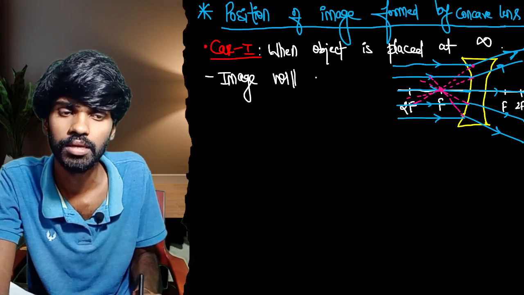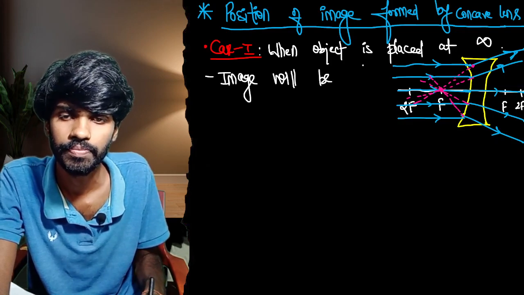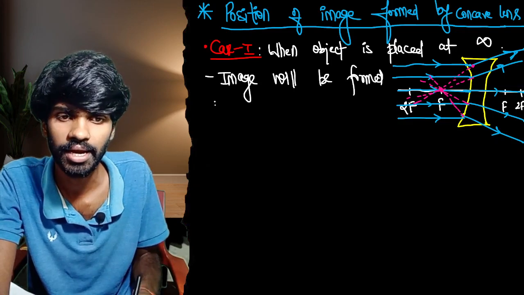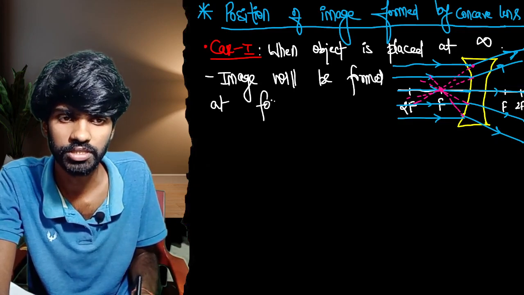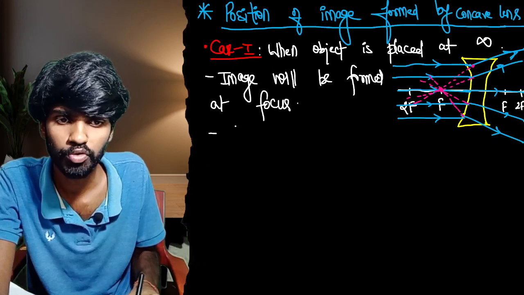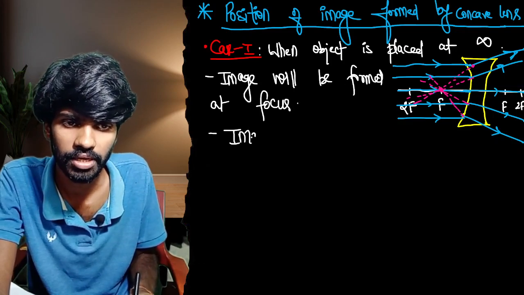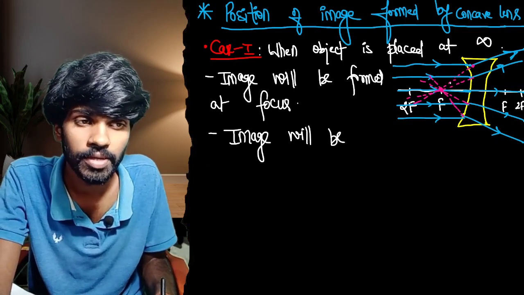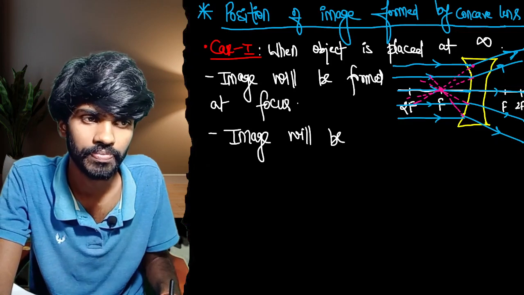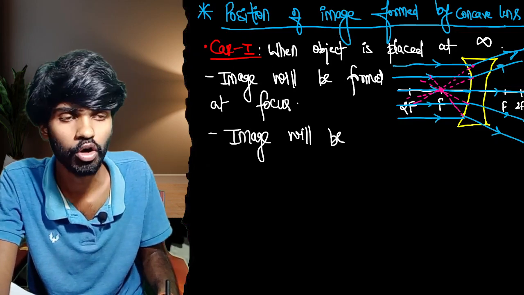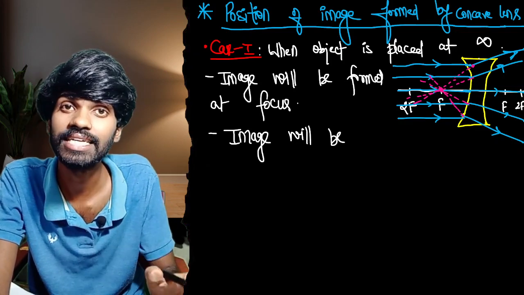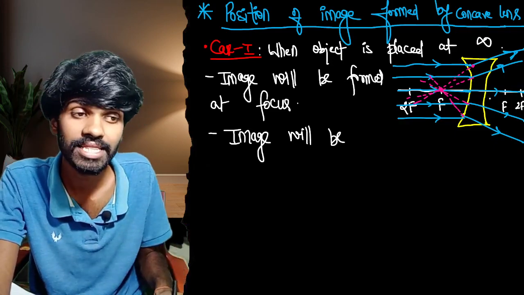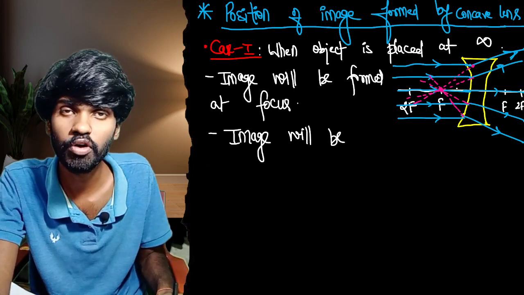so you can write image will be formed at focus. And about the same you can write, will it be real or virtual? The explanation for real or virtual, we know that if rays actually meet at any point, then we will say that the image formed will be real.